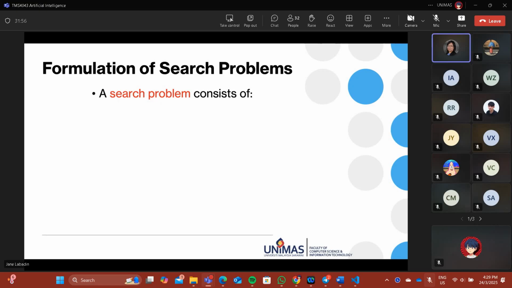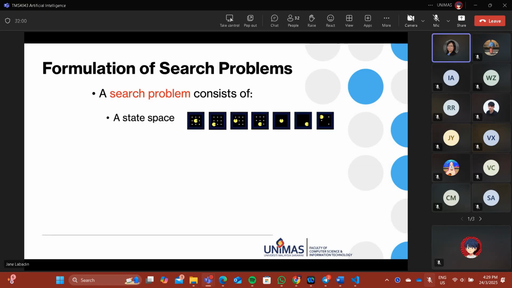Okay, so a search problem should consist of a state space. The state space is basically telling you the state of which the agent can be.